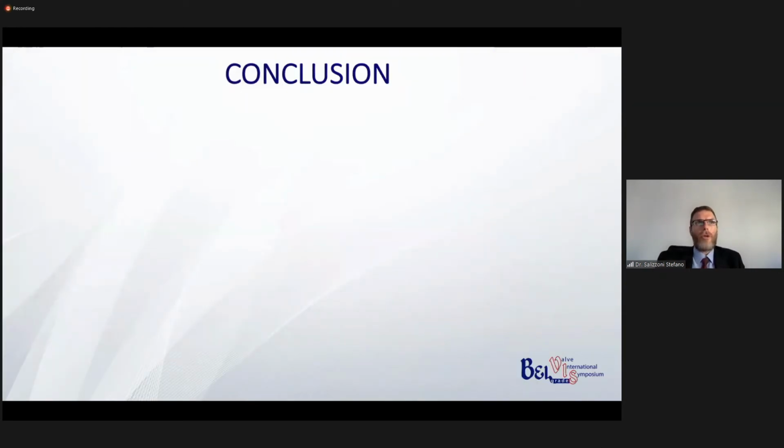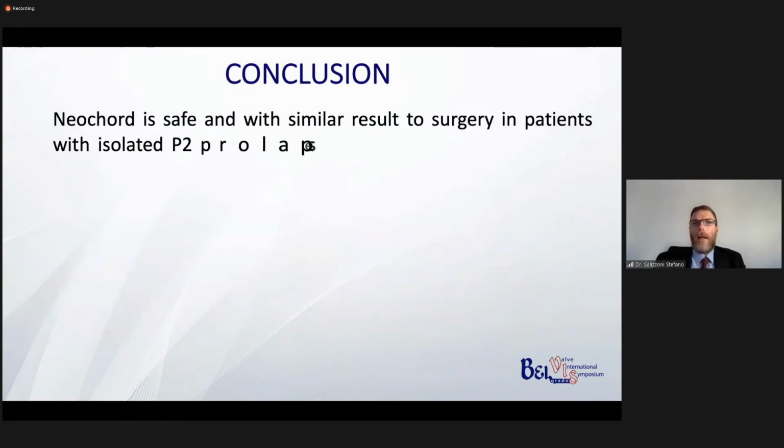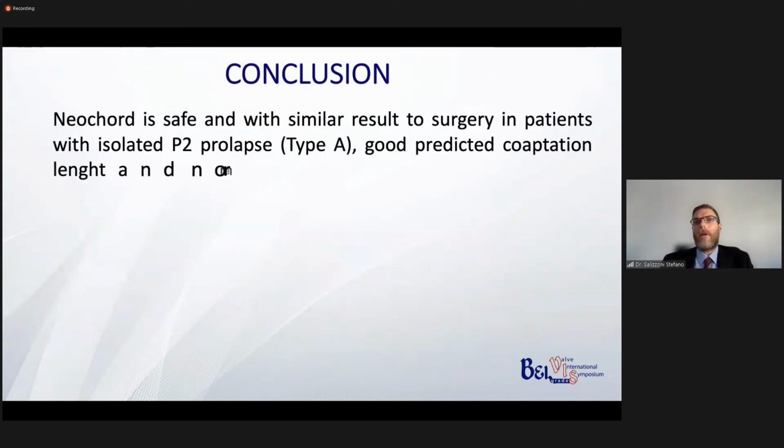So, in conclusion, Neocord is a safe procedure, and there are similar results to surgery in selected patients. Those patients with a type A anatomy for Neocord, so just isolated P2 prolapse. And we need good predicted coaptation length and a normal left ventricle dimension.